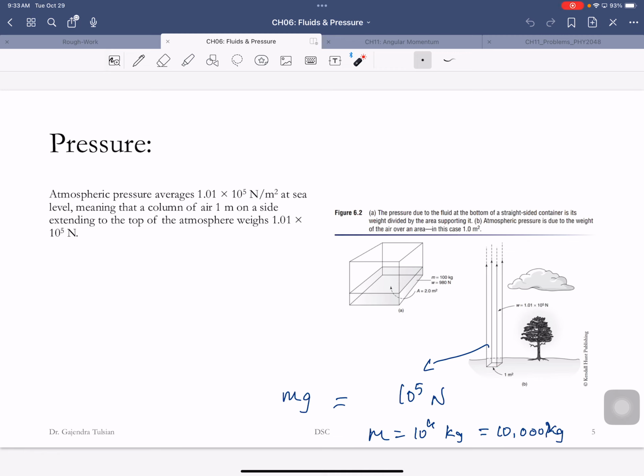And if you go to a certain height, let's say about 5 miles up in the air, that column of air weighs half as much. So if you go up 5 miles, the pressure is about half an atmosphere. Okay? If you go all the way to space, what is the pressure? Nothing, 0. Okay? So there's no more atmosphere weighing you down.